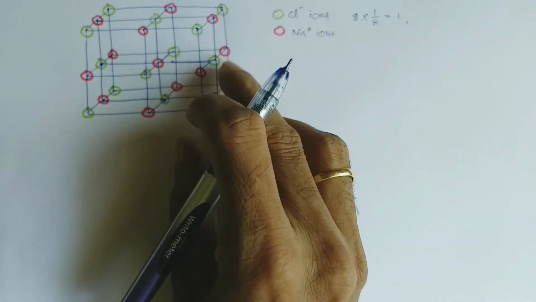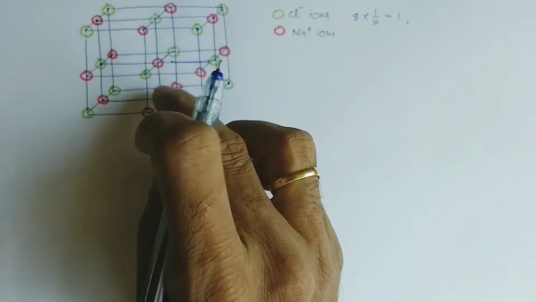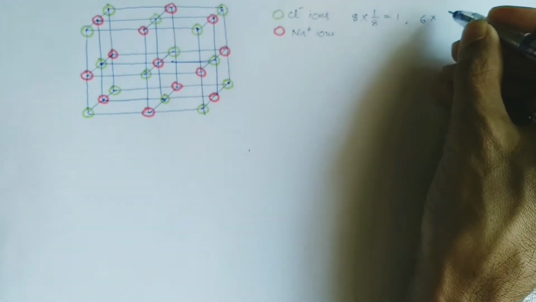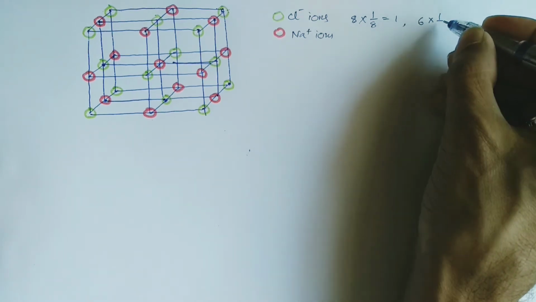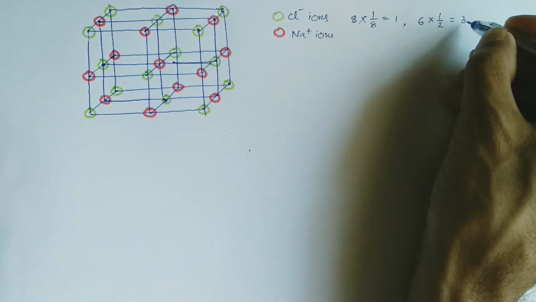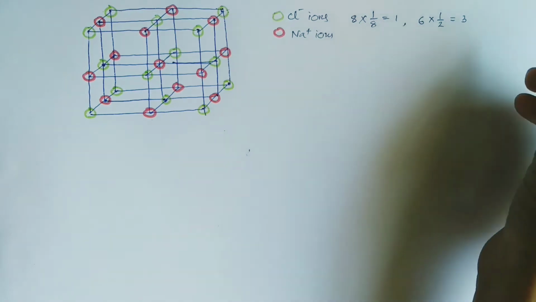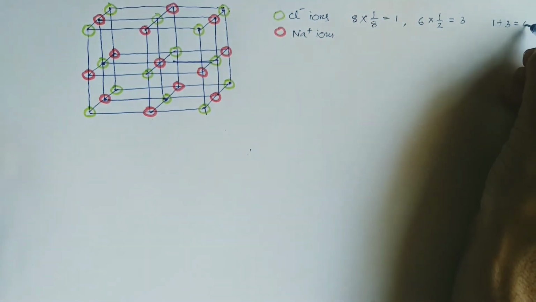And the chloride ions are also present on the faces, as there are 6 faces, and the contribution of each ion on the face will be equal to 1 by 2. 6 into 1 by 2 will be equal to the total contribution due to ions present on the faces. So that will be equal to 3. So what is the total contribution now? 1 plus 3, that will be equal to 4.